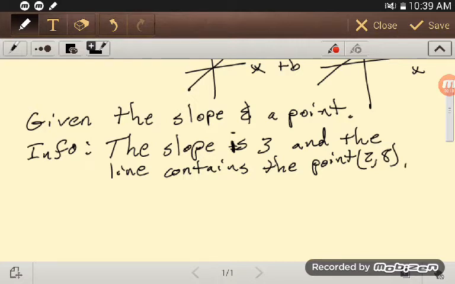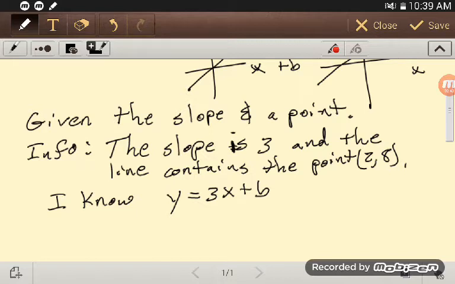Okay, so I've been given that information. Well, what I know right away is, since I know I have a straight line and I know the slope is 3, I know that actually I have this, y equals 3x plus b, because the slope is 3. So it has to be that.